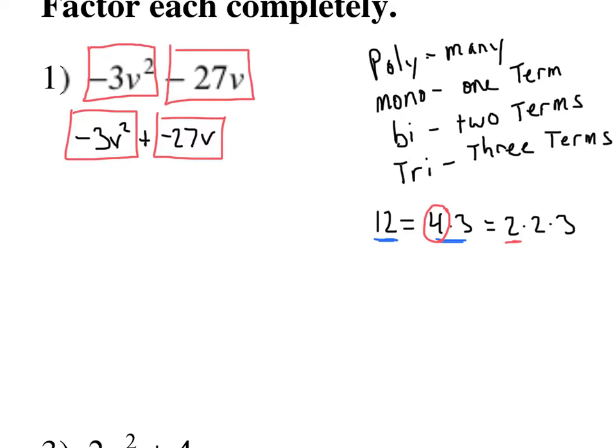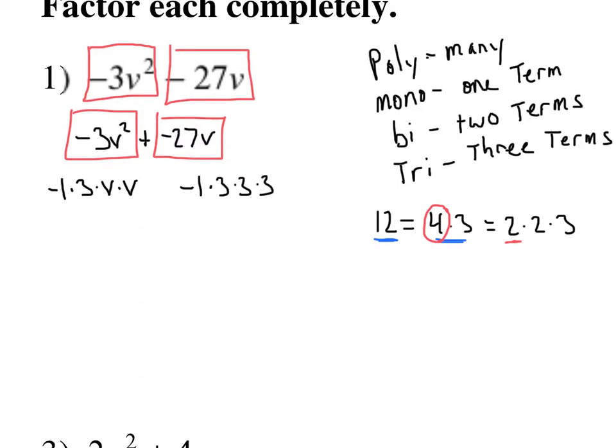So if we want to factor negative 3v squared plus negative 27v, what we're going to want to do is first break down each term. So I would have negative 1 times 3 times v times v. Now my second term is negative 1 times, now 27 can be 9 times 3, but 9 can be broken down into 3 times 3.